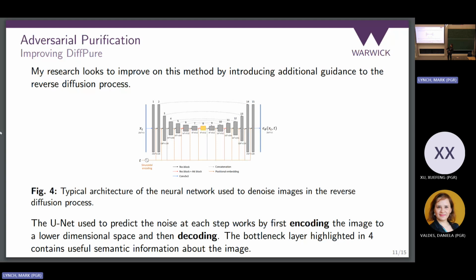We feed our noisy image in on the left, and it moves from a high dimensional space on the left to a lower dimensional space in the center. This lower dimensional space we call the bottleneck. Then the image is moved from this low dimensional space back up to the full image space. So we can think of the neural network as encoding the image to a low dimensional space and then decoding it back up to the original space.